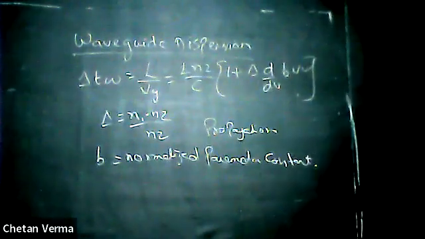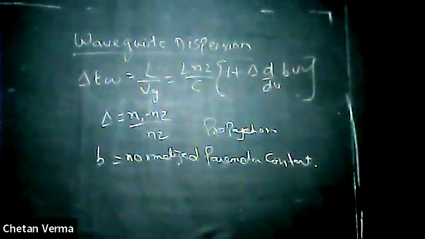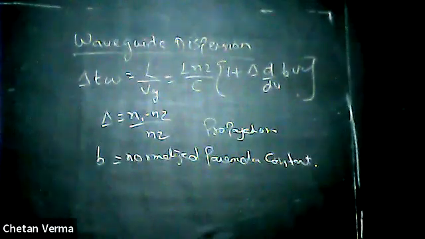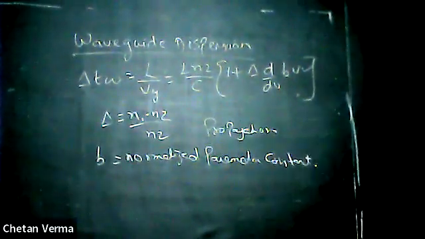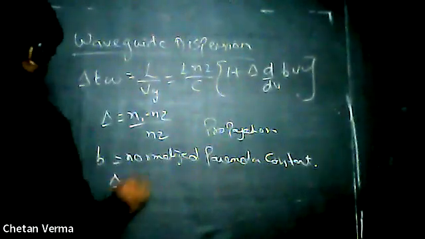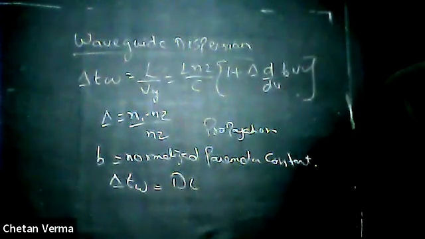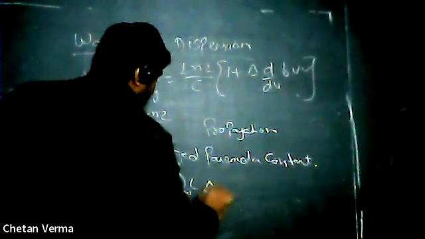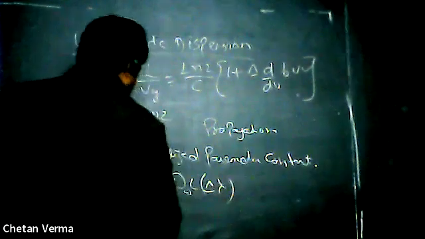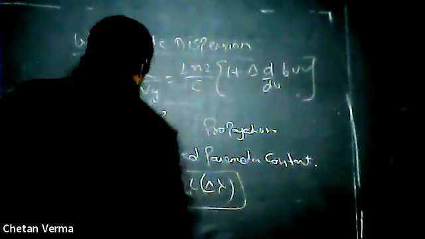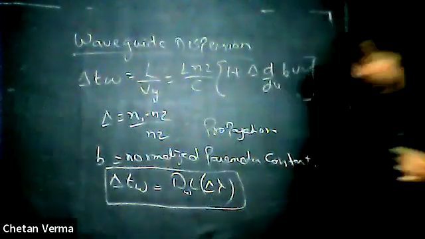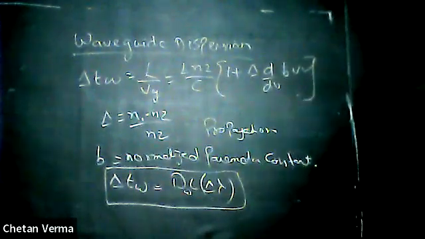Now delta T_W can also be written as D_W times L times delta lambda. That is also a formula for the waveguide dispersion: delta T_W is equal to D_W L delta lambda.